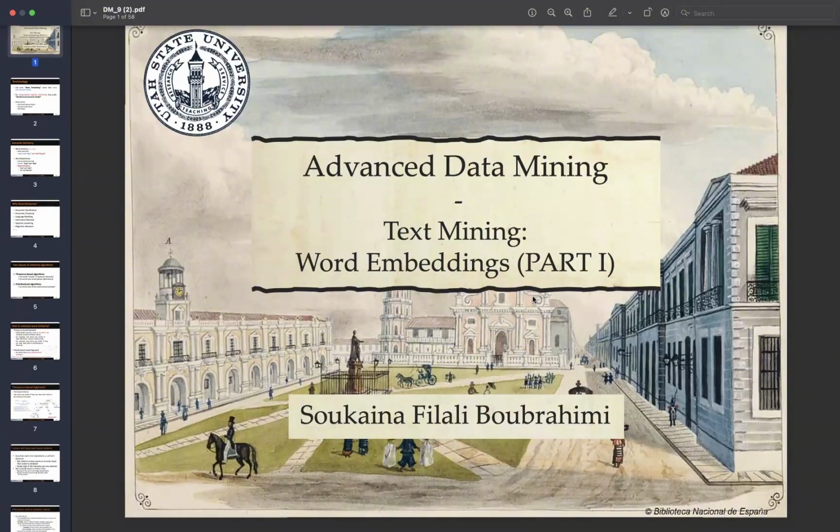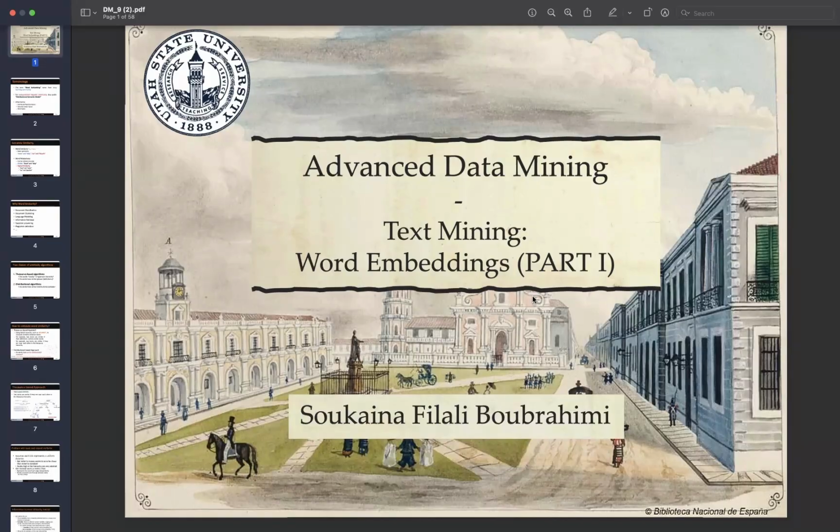So far in this course, we've mostly focused on structured data such as tables, graphs and time series. So in those type of cases, the features are explicitly defined. In this lecture, we will switch to text, and here the meaning is implicit.